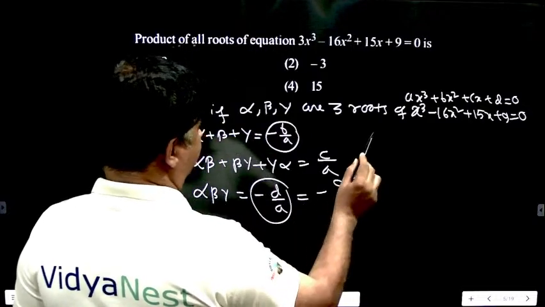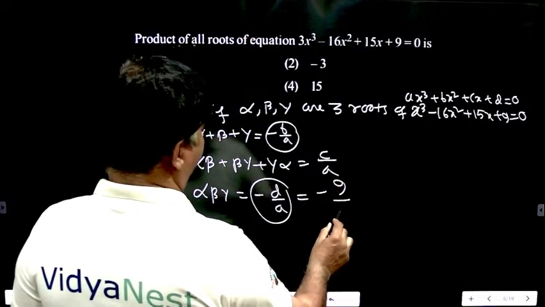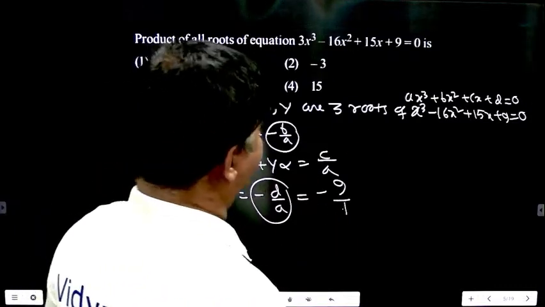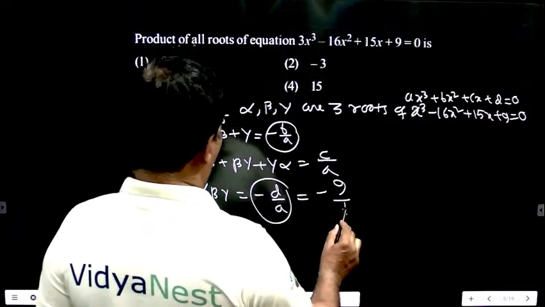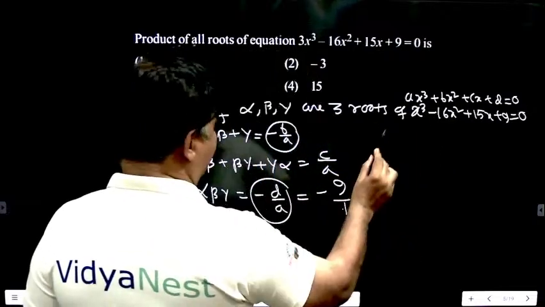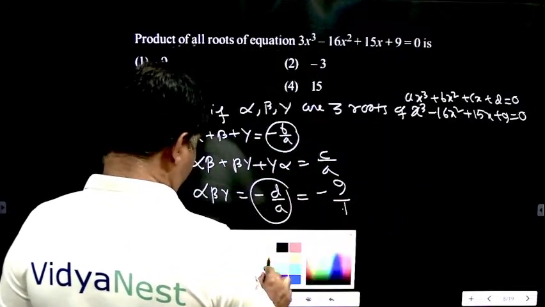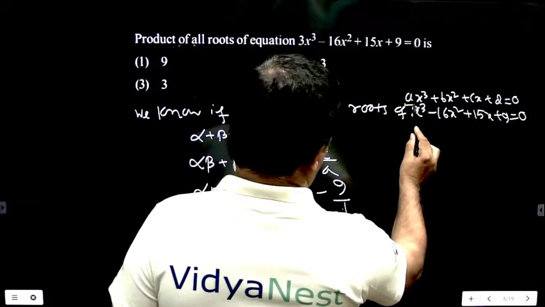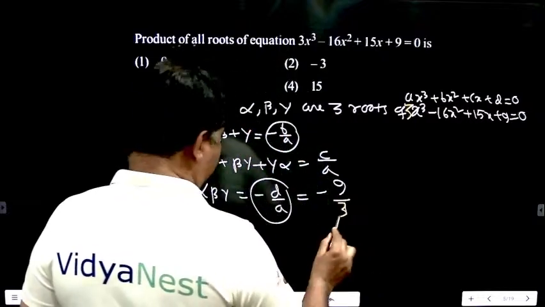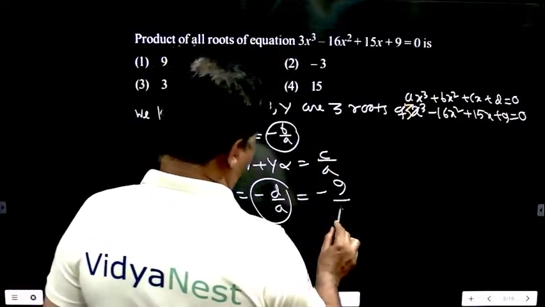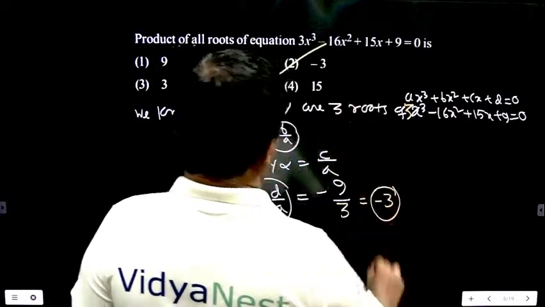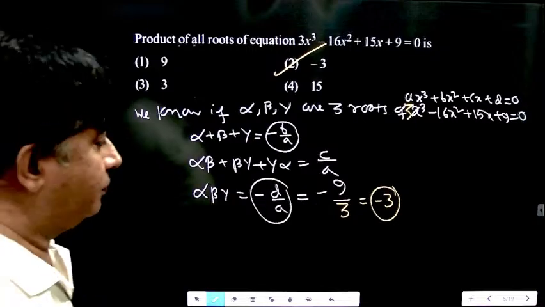Minus 9 by A. A is what? 1. See? Yes. The answer. And A is what? A is 3. I missed out that 3. There is one 3. It is simple polynomials problem. Answer minus 3, option 2. Okay?